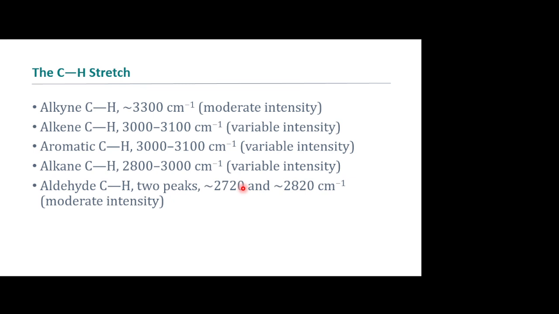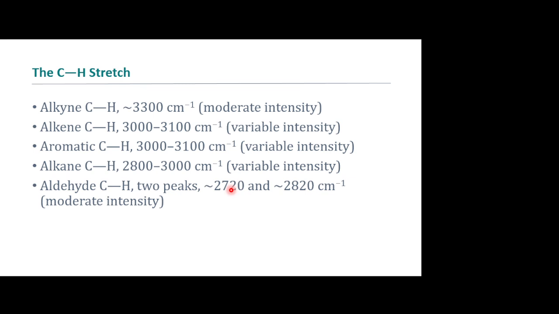The alkane, this is going to be 2,800 to 3,000. Again, fairly variable in intensity, but usually you have some that are pretty strong. Okay. Again, depending on what's around it. The aldehyde, this will be 2 peaks. It's going to be 2720 and 2820.